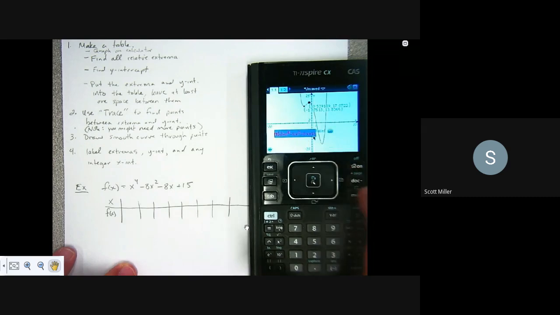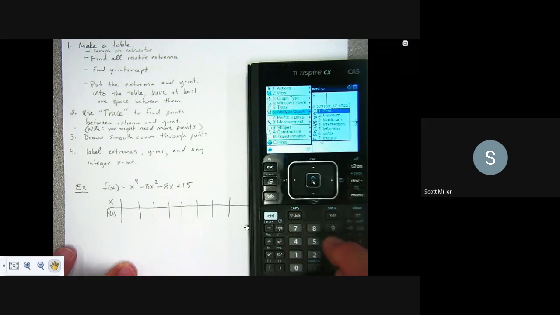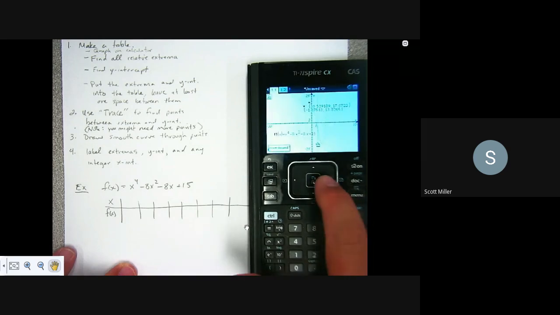There's the other one. And there's the third. And we can move these around so we can actually see them.